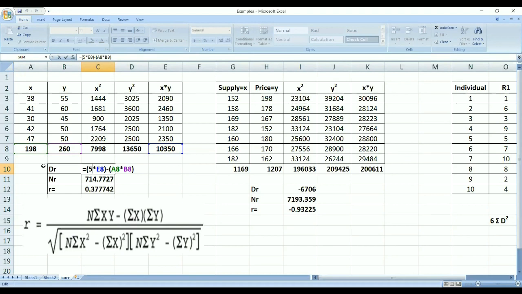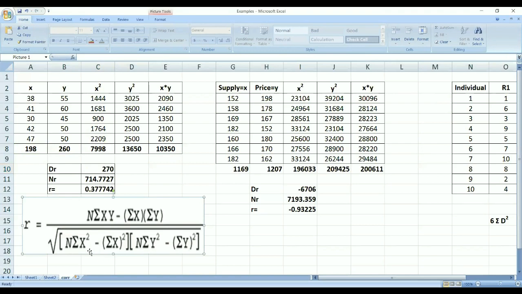Okay. Now understood? Or either you can do 5 into 10350 minus 198 into 260.